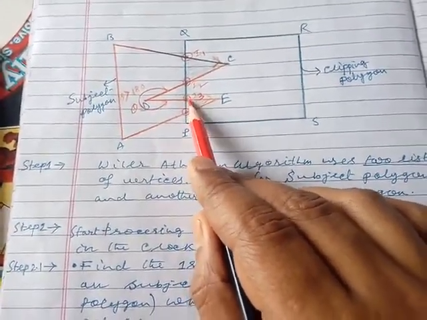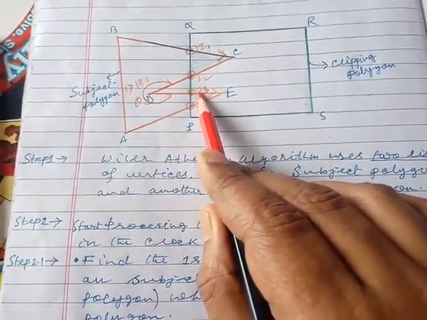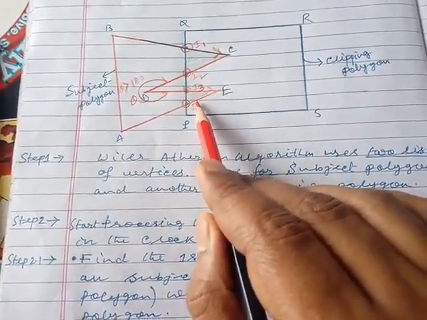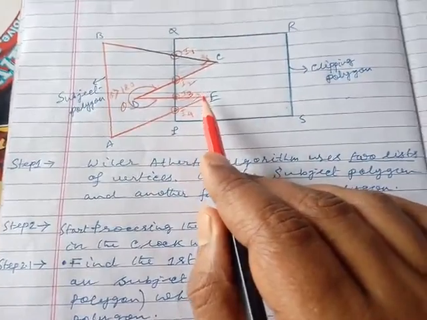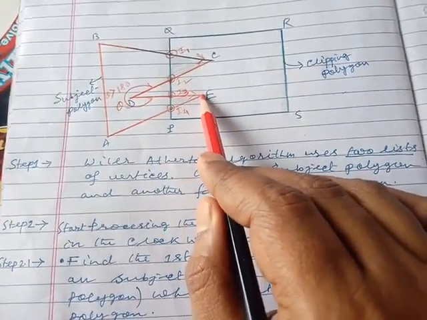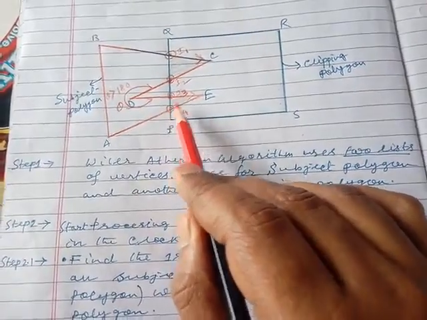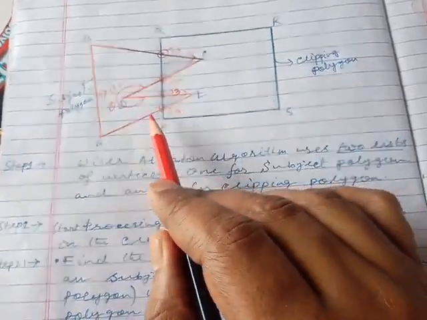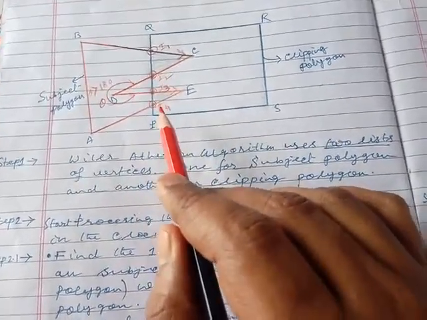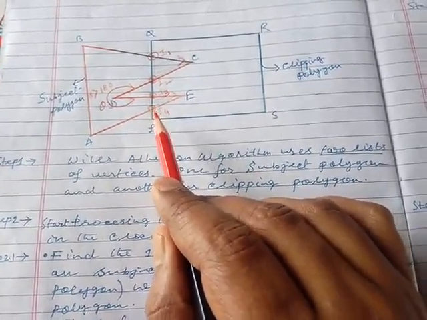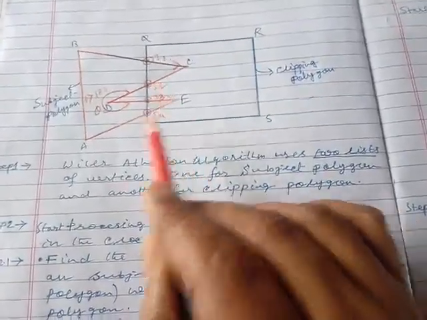Starting from I3, if we follow the subject polygon edges in clockwise manner, we get the vertices E, then I4, and this tracing of the subject polygon in clockwise manner will be done until we get an intersecting point for an outgoing subject polygon edge.